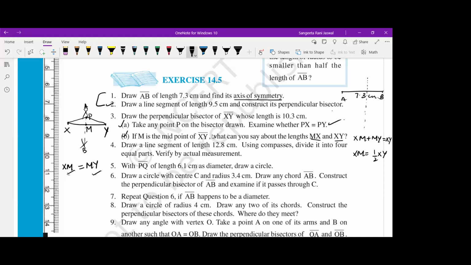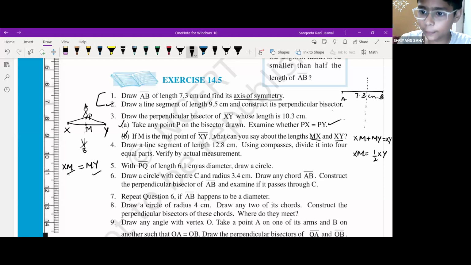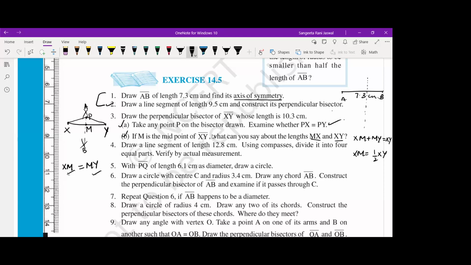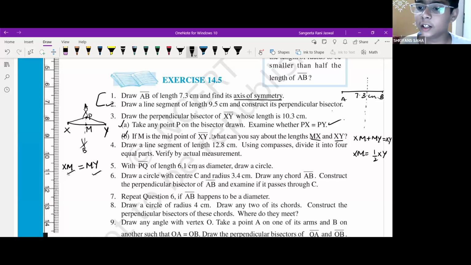Directly construct a perpendicular bisector on XY. Then your third step will be take a point P on the perpendicular bisector, join PX, PY, measure PX, PY. After measuring, you observe that PX is equal to PY.